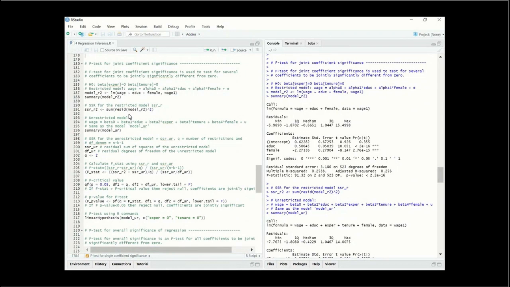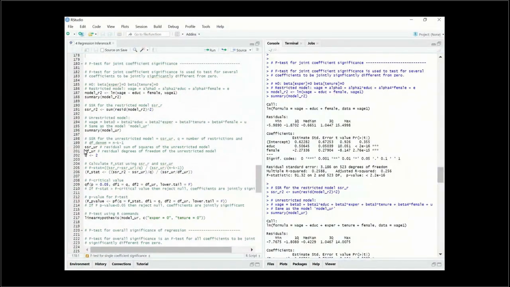And we want to pick up the sum of squared residuals from this model. So again, from the model that we have above here, we're going to be picking up the residuals, squaring them and summing them up. This is going to be the sum of squared residuals for this restricted model. Same for the unrestricted model. We have that information from above.